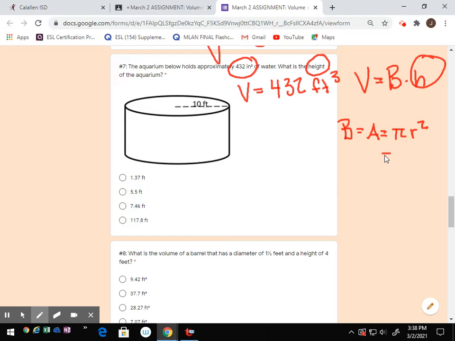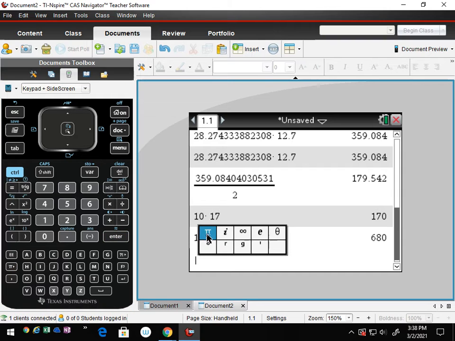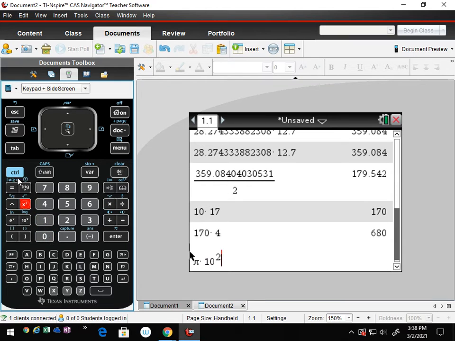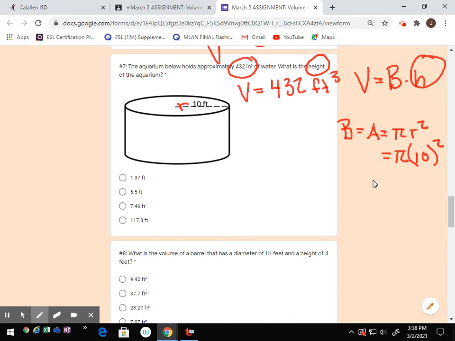We're going to replace r with our radius, which is 10. 10 is our radius squared. So let's go to the calculator. We have pi times 10 squared, control enter, 314.2. So I'll write big B is equal to 314.2. Okay. So we know big B now.